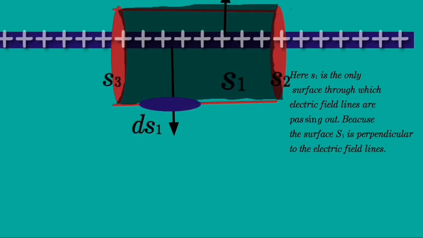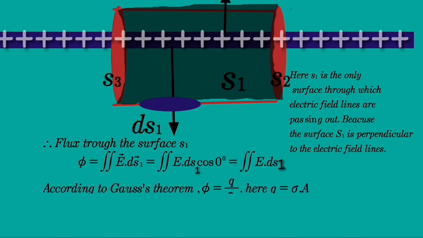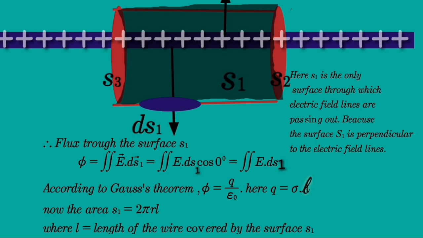Consider an elementary surface ds1 on S1. So the flux passing through the surface ds1 is equal to E dot ds1. Therefore total flux passing out through the surface S1 is equal to surface integration E dot ds1, which is equal to surface integration E ds cos 0 degree, which gives the surface integration E ds1.